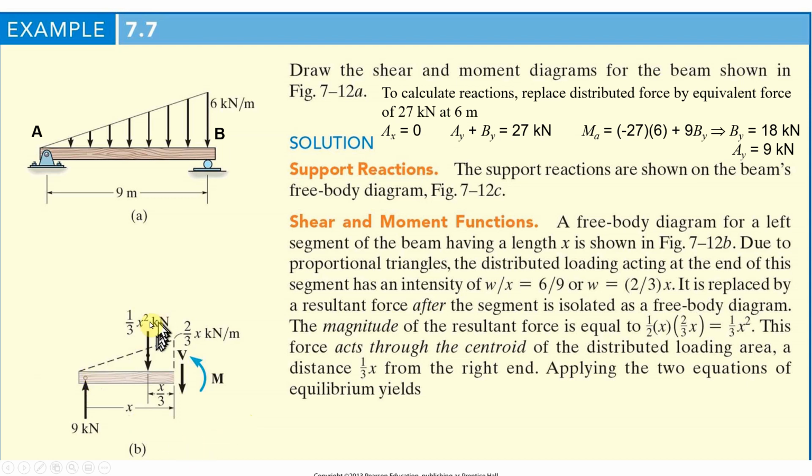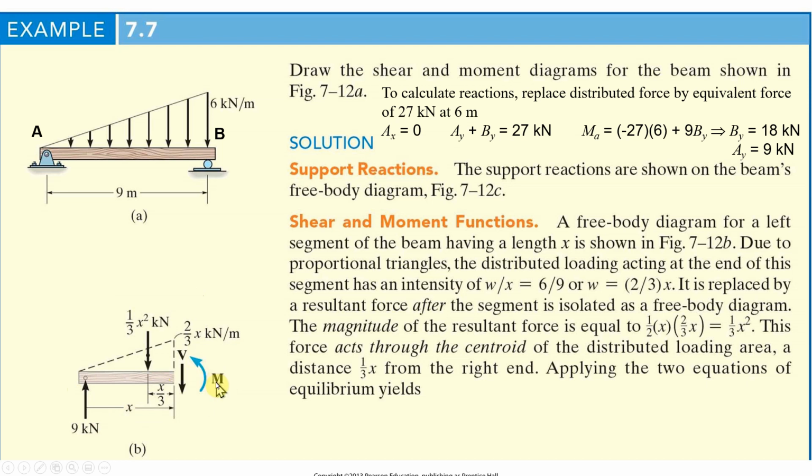So total force here, x times 2/3 x, so that's x squared over 3, 1/2 x times 2/3 x. That's the area under the triangle, which gives us 1/3 x squared. The moment plus 1/3 x squared times x over 3, so that's x cubed over 9, minus 9x.